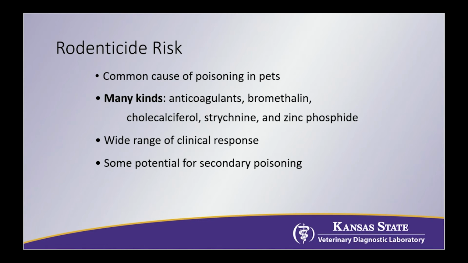One of the problems with bromethalin is we don't have a good antidote, it's very hard to treat. The long-acting anticoagulants had a very good antidote that was inexpensive, highly available, and worked really well. But the long-acting anticoagulants are restricted. So we still see those as an issue potentially, but bromethalin was one of the first replacements, and we still see issues with that.